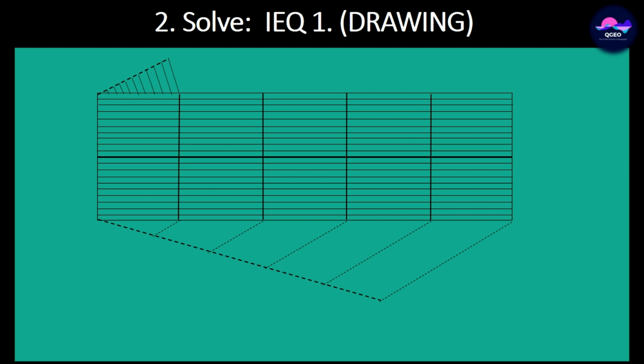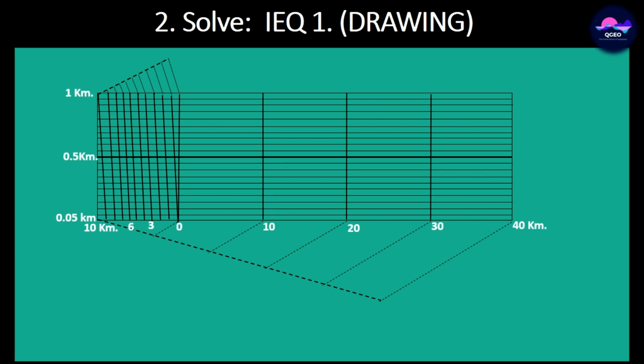Now one primary division is equal to 10 secondary divisions, so we have to divide the one primary division into 10 equal parts in this manner. Okay, now it is 0, 10, 20, 30 and 40.